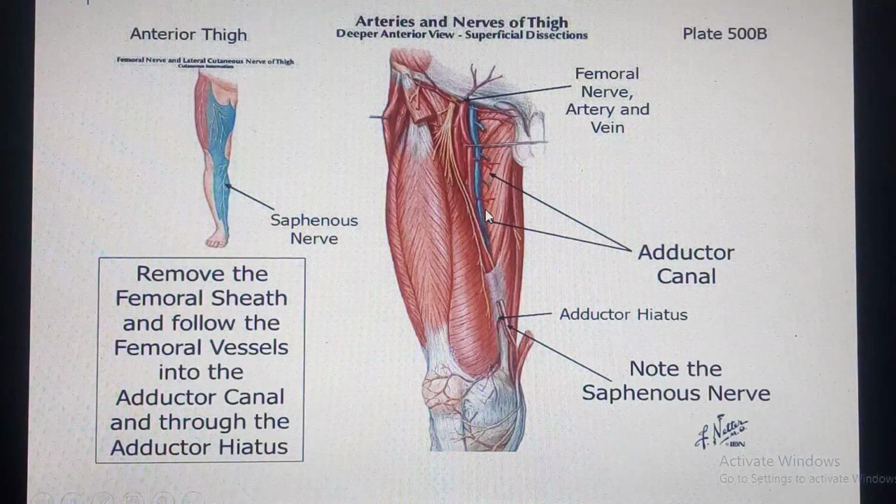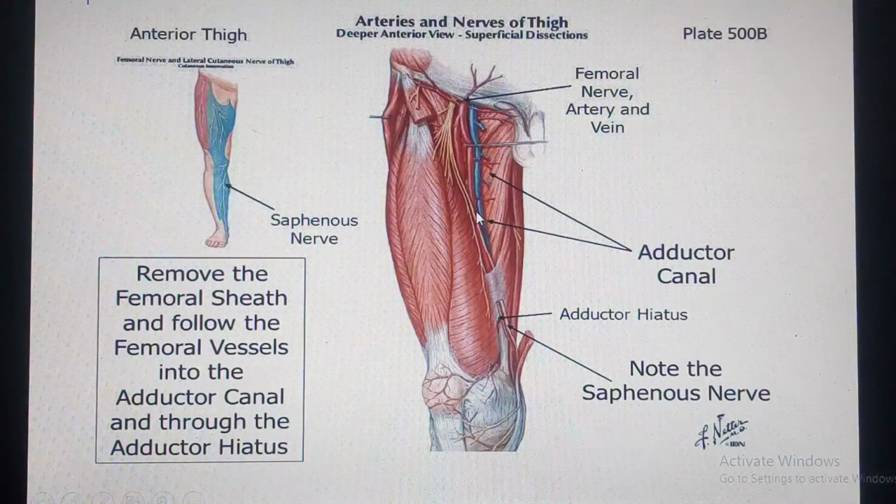The structures: we are going to have the femoral artery going through it, running all the way through the adductor canal. We also have the femoral vein, but the femoral vein will run behind the femoral artery, a bit deep to the femoral artery.